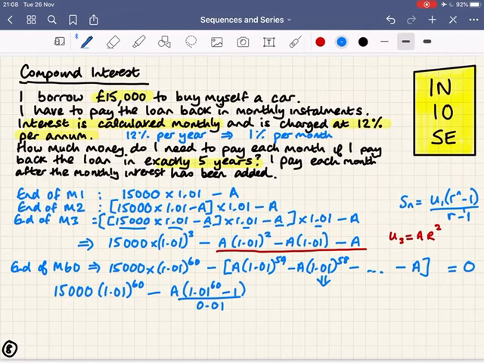Now, if we rearrange that, we need to set that to 0, of course, because we want to owe nothing at the end.